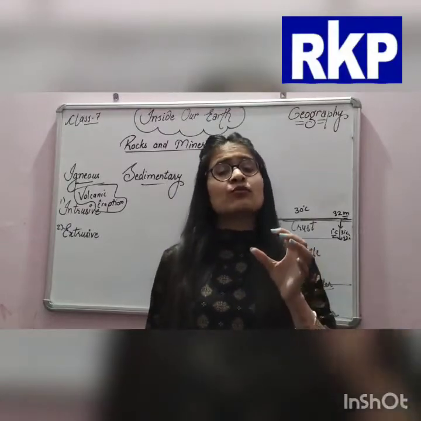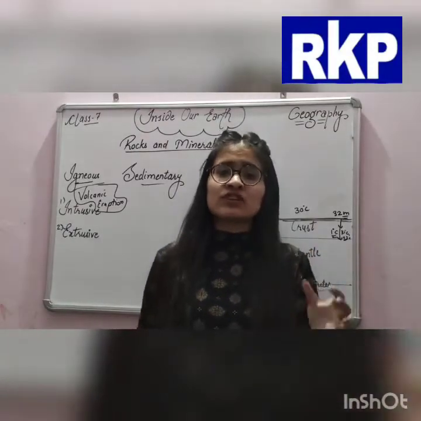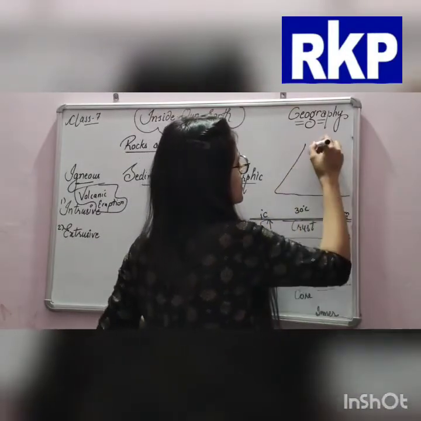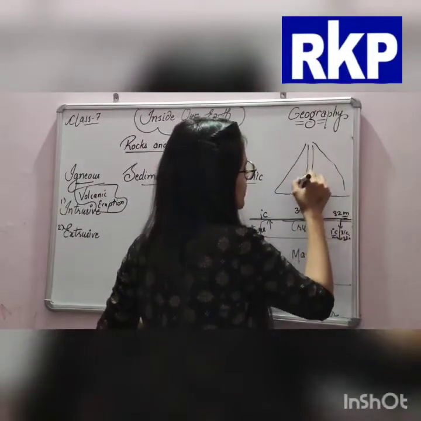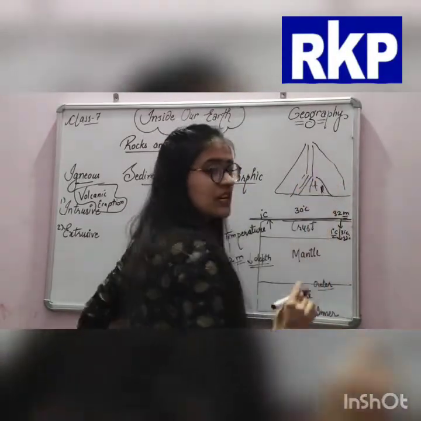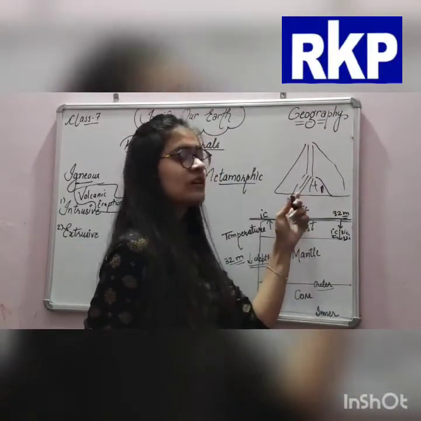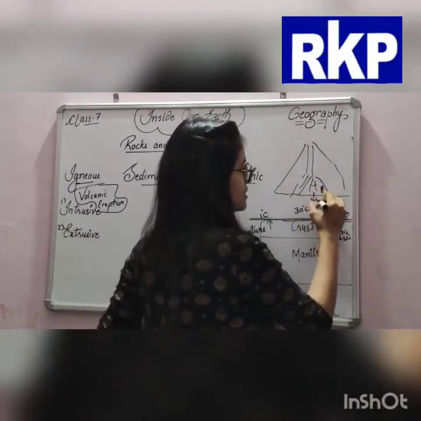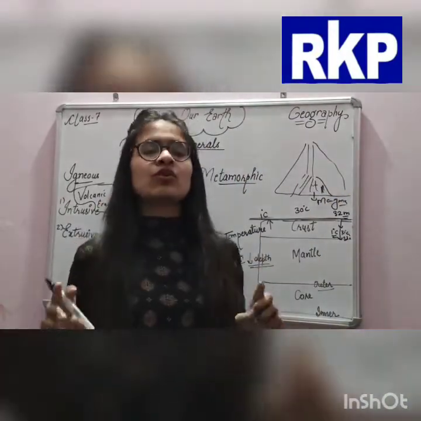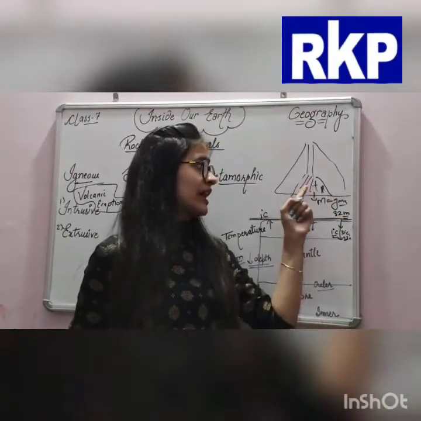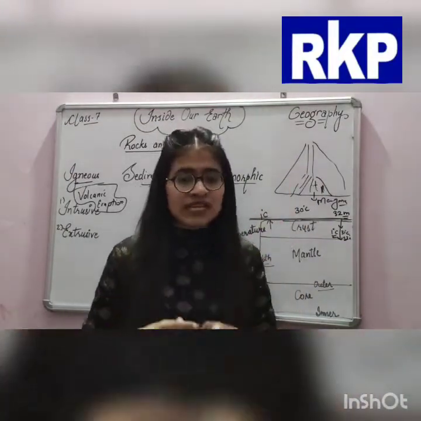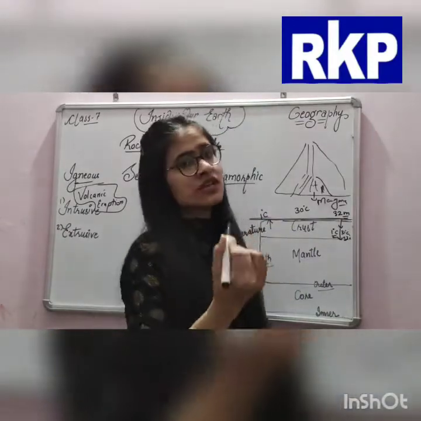The molten liquid which is inside the volcano, suppose this is the volcano, this is the magma chamber where magma collects. The liquid hot part inside the volcano is called magma. But when it comes out, when it is released by the volcano, it becomes lava.